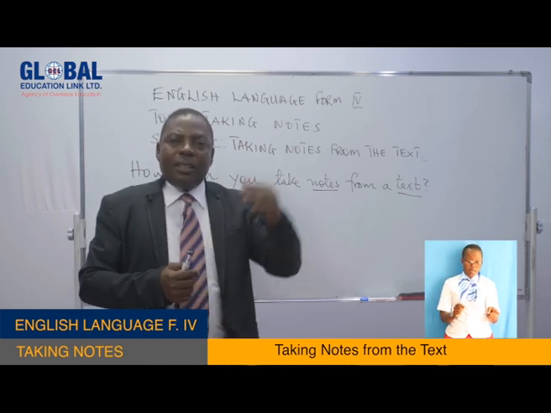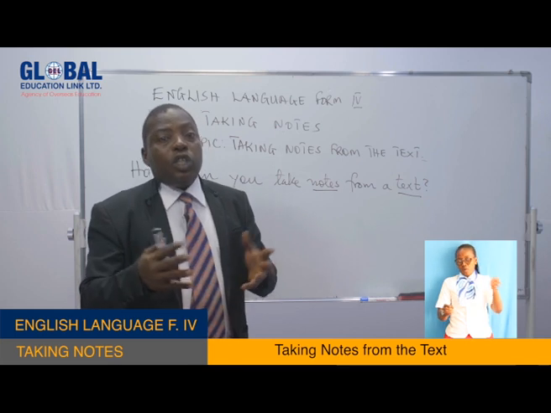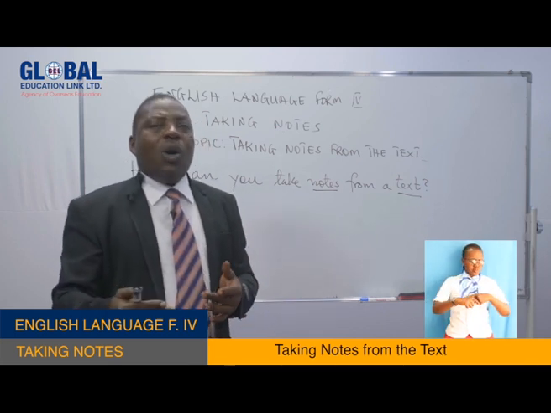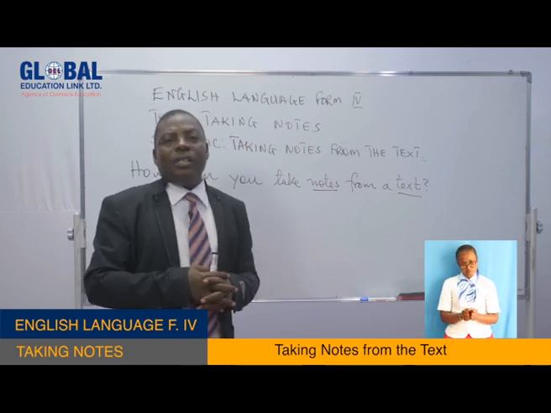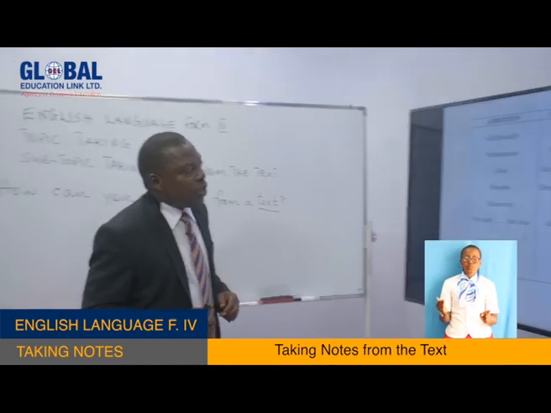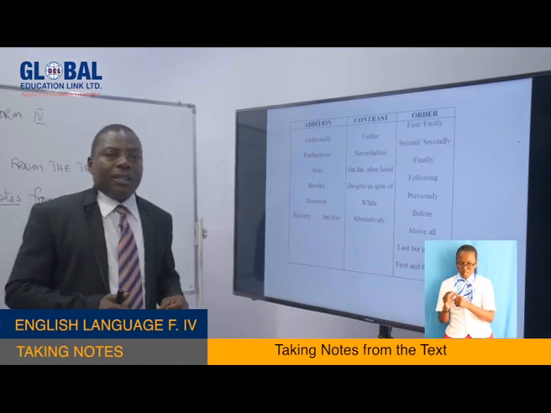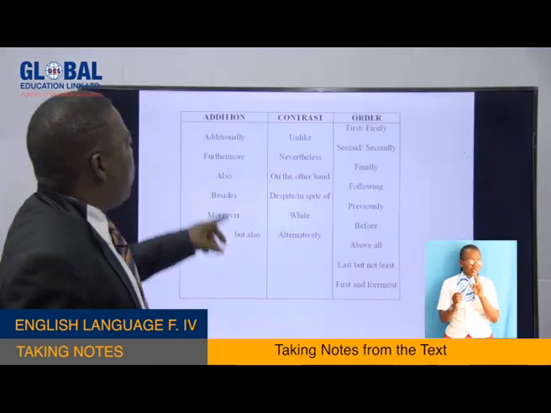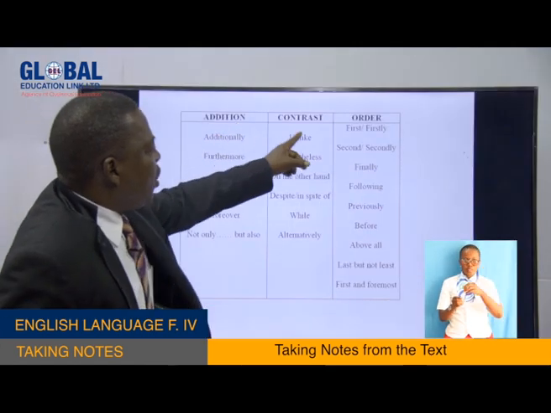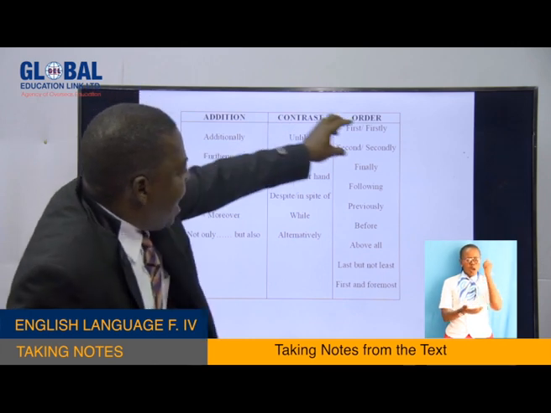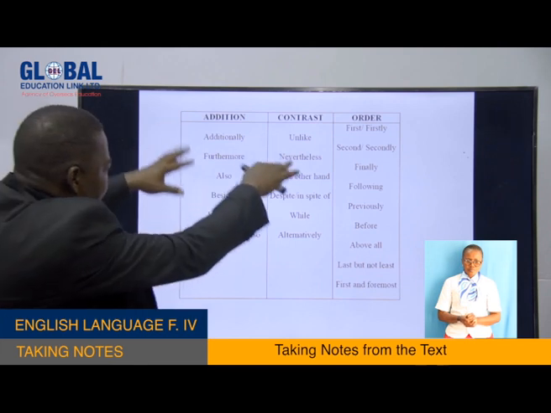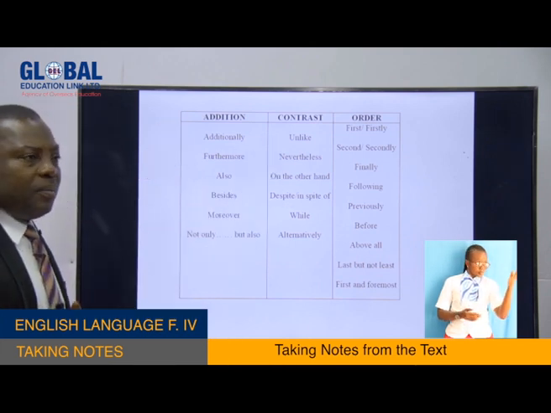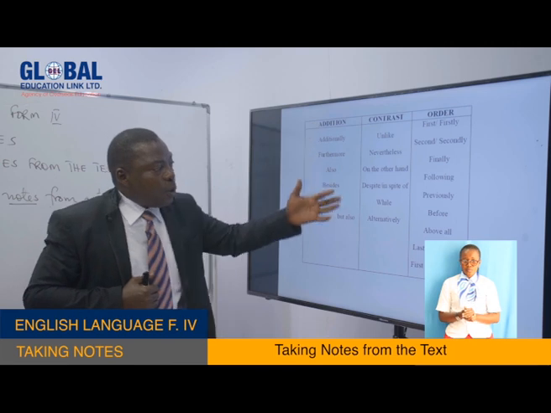Do they add, or do they show contrast, or a result of something that the writer has presented? The linking signals that I was referring to are these ones. We have addition, contrast, and order as headings. Under them, you have these words.